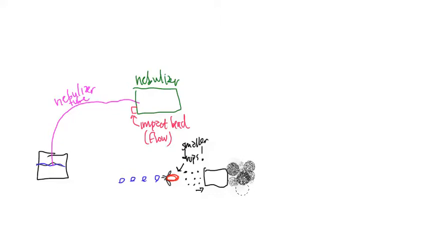It takes those little droplets and makes them tinier and tinier and tinier, and gives them a mist that then goes into the burner head. That's the purpose of the nebulizer.